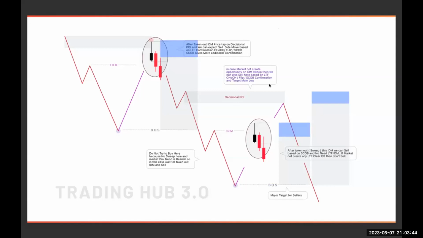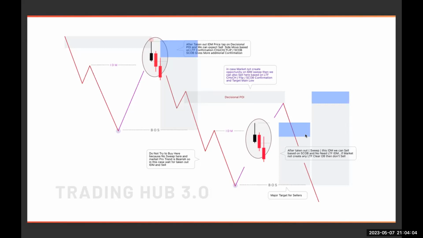Okay. Now switch to the next one. Two diagrams are covered. The last two diagrams are left here. I think only the previous high sweep. We don't need inducement in a lower time frame.